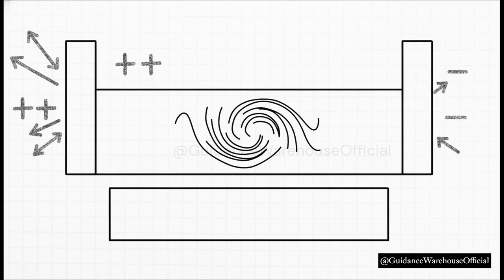Group 1 elements lose 1 to form 1+ ions, and group 2 elements lose 2 to form 2+ ions. Now zoom over to the far right. Those non-metal elements tend to gain electrons. Group 17 elements gain 1, forming 1- ions, and group 16 elements gain 2, forming 2- ions. The only trick is when you move toward the center of the table. Transition metals can be a bit sneaky and exhibit variable charges that aren't as perfectly predictable. Copper, for instance, can be a 1+ or a 2+.